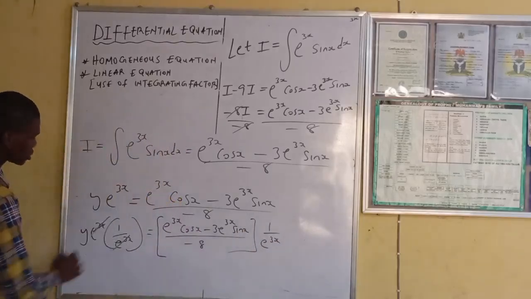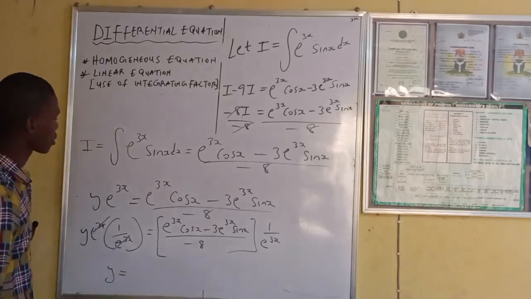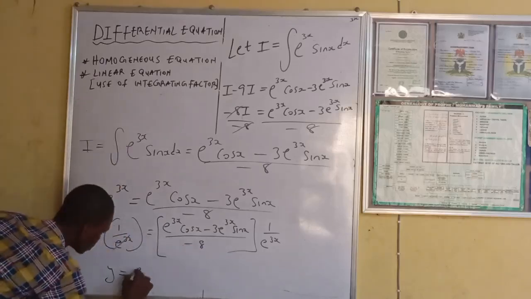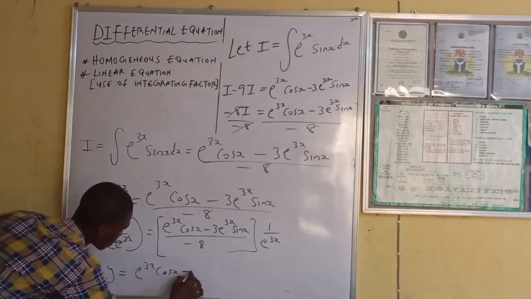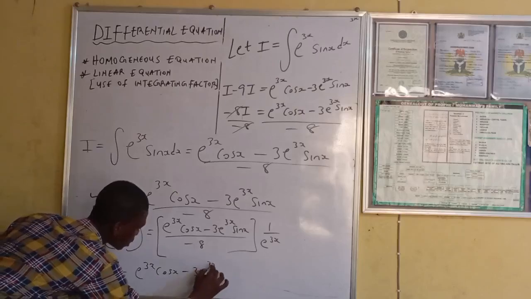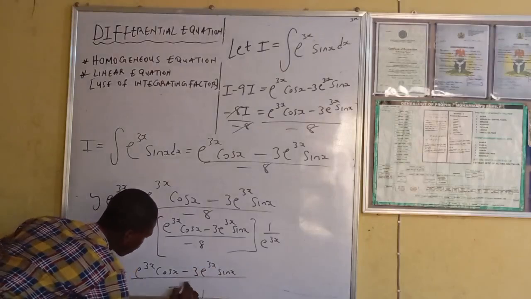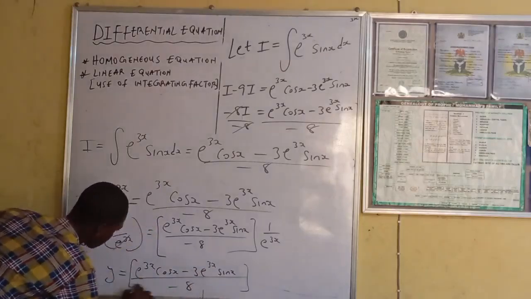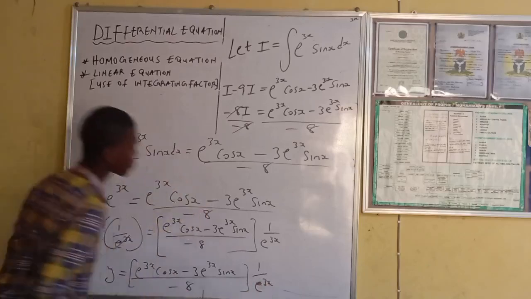Then this cancels this. It means that y is equal to exponential 3x cos x minus 3 exponential 3x sin x divided by minus 8 multiplied by 1 over exponential 3x.